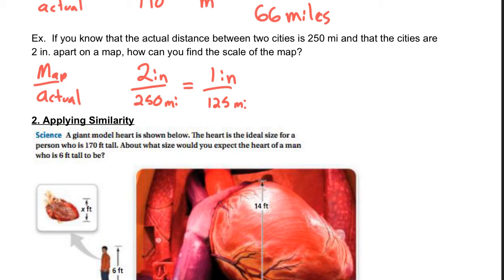You know the ratio of map distance to real distance, so as a fraction, you could just divide them both by 2. That means every 1 inch represents 125 real miles. So it's all ratios, fractions. So that one is more about understanding the ratio side of things, okay?